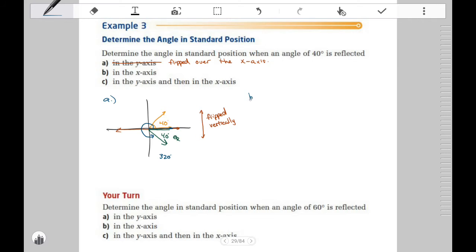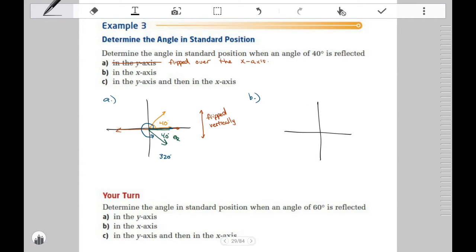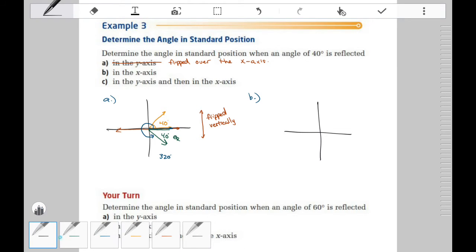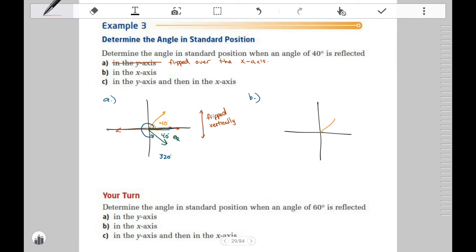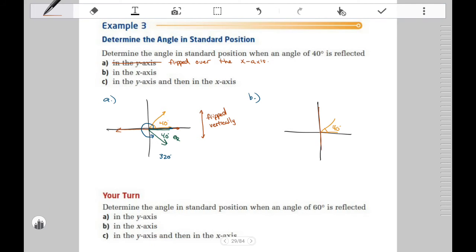For B, I also don't like the wording of that. The way I would word B is 40 degrees is flipped over the y-axis. So see if you can beat me as I do this example. We have 40 degrees drawn. We flip it over the y-axis.